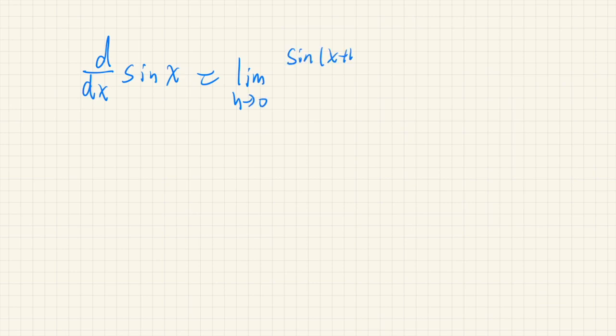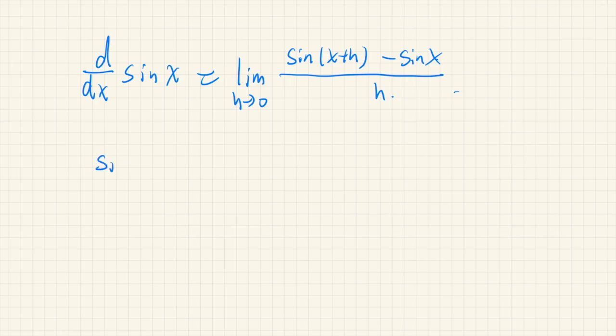Next, let's consider the derivative of sine x. By definition, it is the limit of sine of x plus h minus sine x over h. How do we find this limit? If you look at sine of x plus h and sine of x, we take this difference, so maybe we want to use some trigonometric identities.